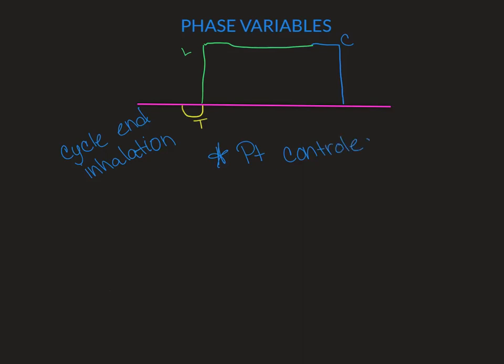The machine will sense a change in pressure or flow. So that's all you need to know about the cycle with IPPB. Then you go back to baseline.